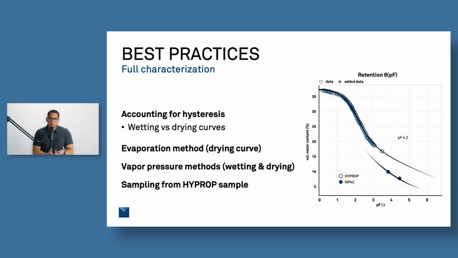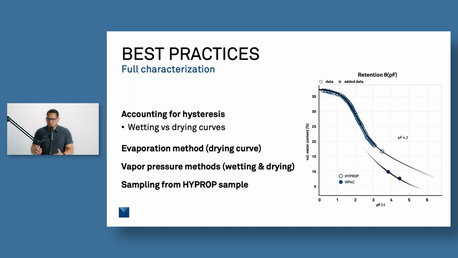A tool like the WP4C or even the vapor absorption analyzer, those vapor pressure methods, can work on both wetting and drying curves. If we're not taking that into account, and we take one measurement on the drying curve and combine it with another method on the wetting curve, we're going to wind up with not very good alignment of those two methods when we're trying to generate our soil moisture release curve. So we want to be careful with that.